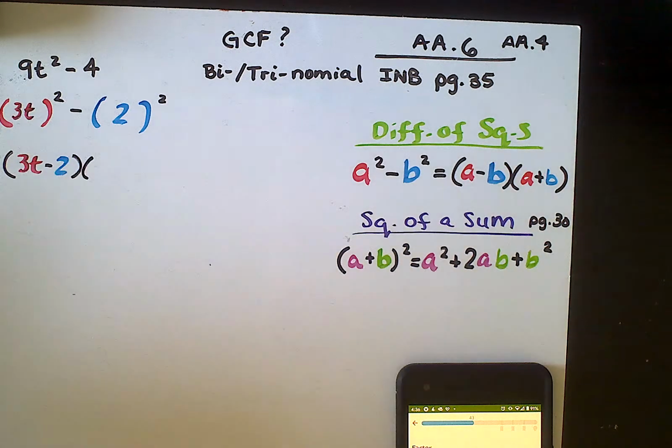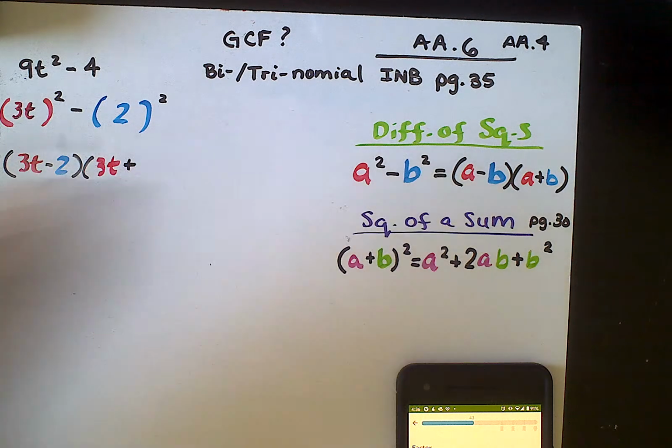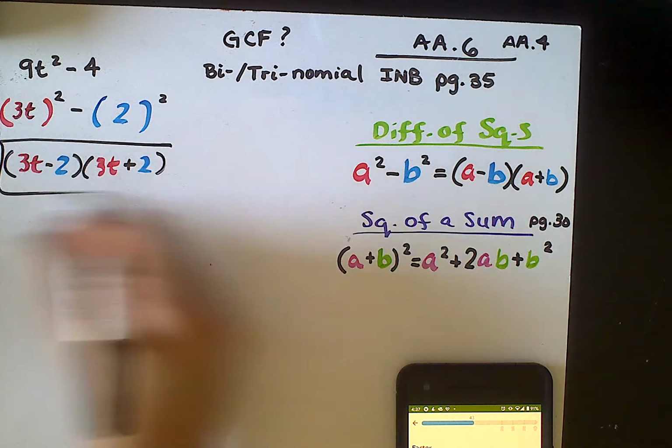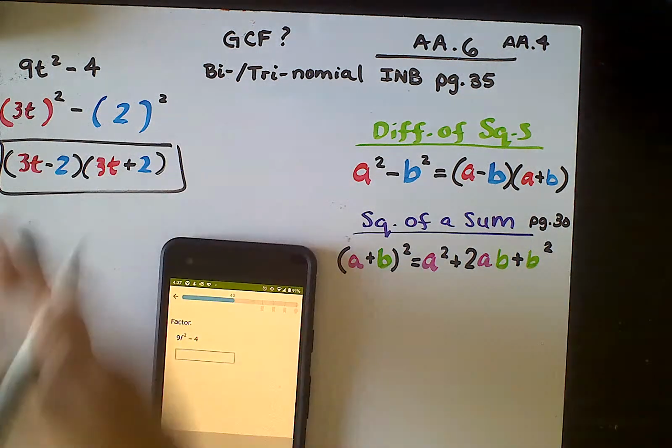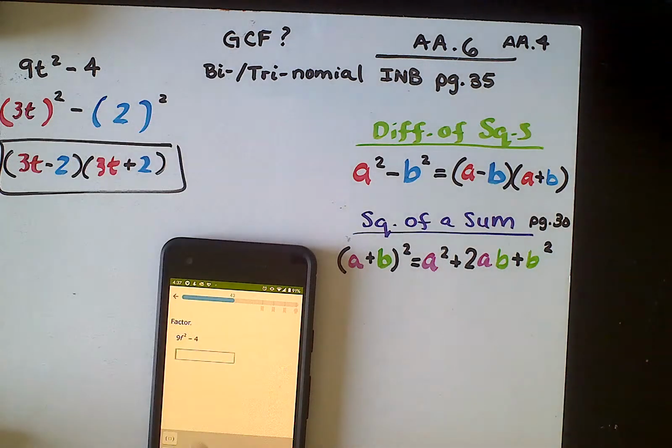And then of course 3t plus 2. Perfect. I have a difference of squares. And probably this one, the only thing you'd have to write out on your scratch work would be up here. But I recognize it's a difference of squares. I would probably start typing it in myself.